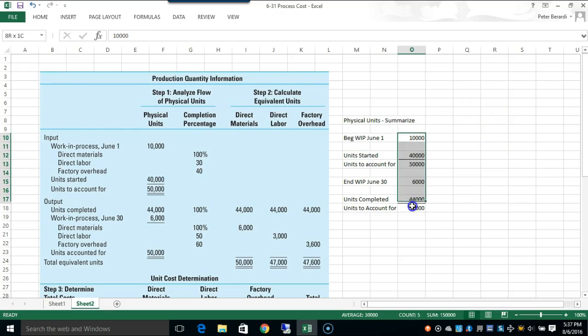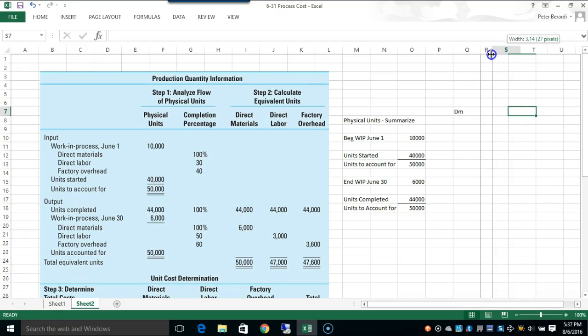Now let's convert these to equivalent units. So part 2 is calculate equivalent units. So we have direct materials, and so far I've given you conversion costs.